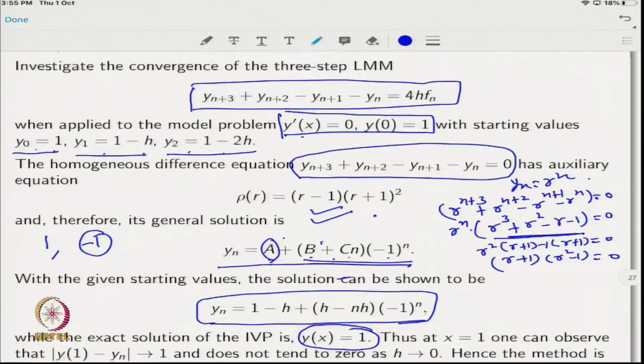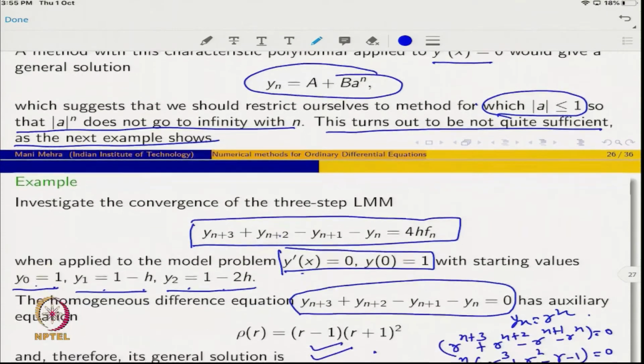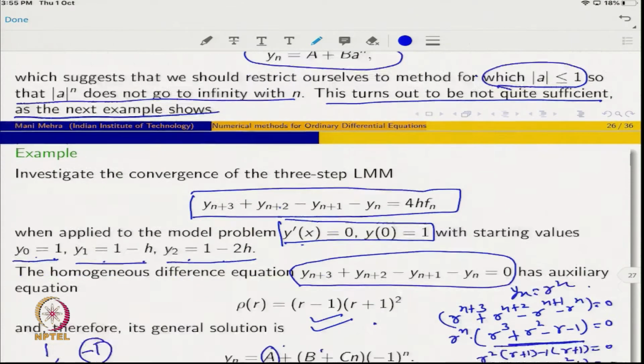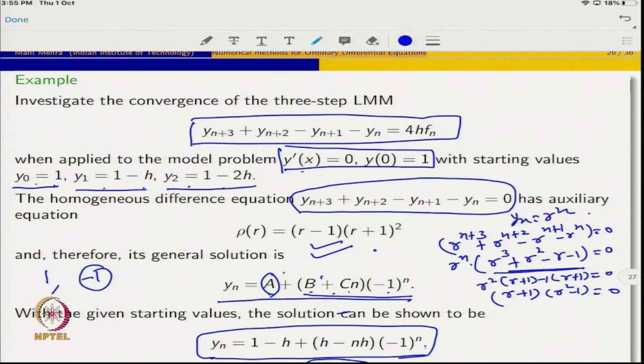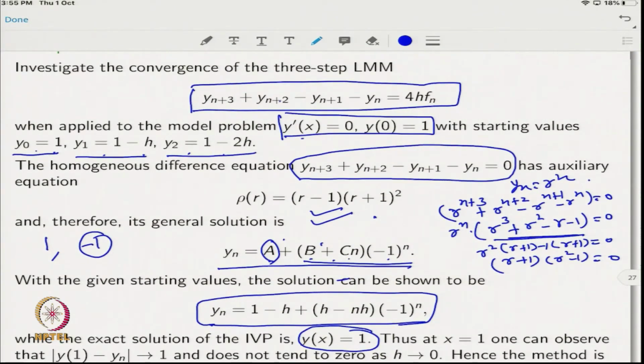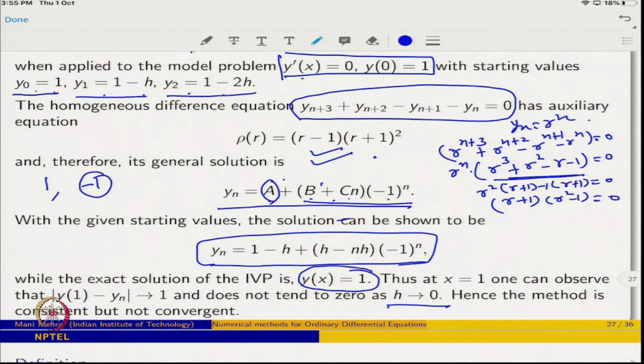So the observation from the last example did not hold in this example as well, because we tried to put the condition that mod r should be less than or equal to 1, but this is an example where all the roots satisfy that, and still you should observe why it is not tending to 0 as h tends to 0.